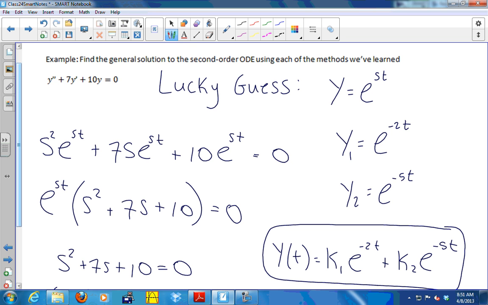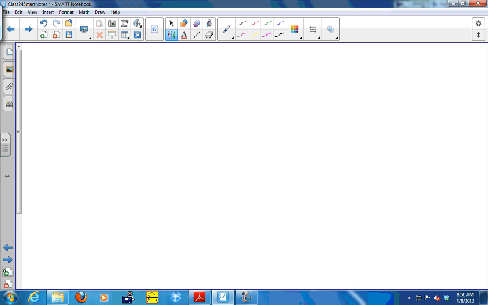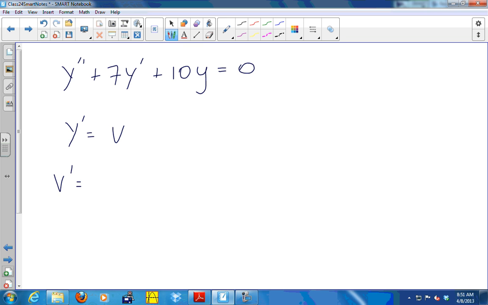So let's do that. Let's change this to a system. So I have y double prime plus 7y prime plus 10y equals 0. To change this to a system, I'm going to have y prime equals v, and v prime will be negative 10y minus 7v.